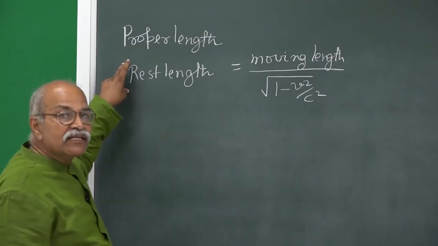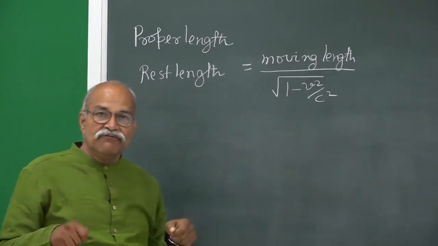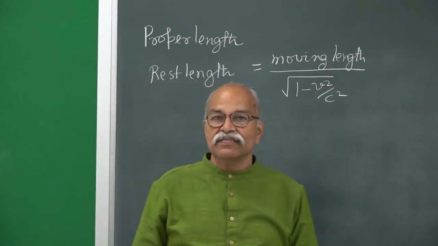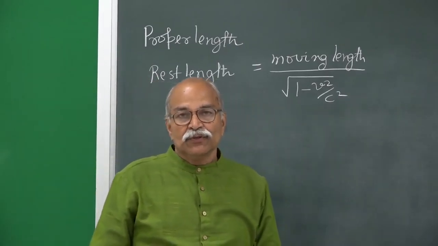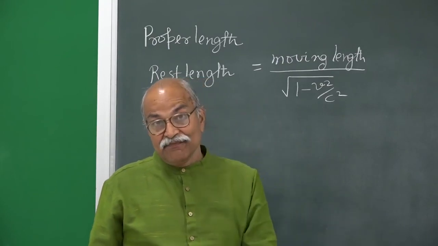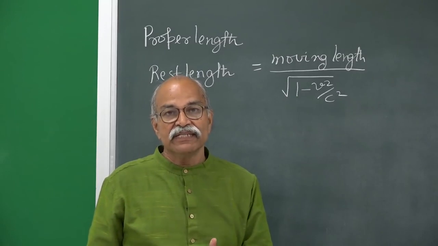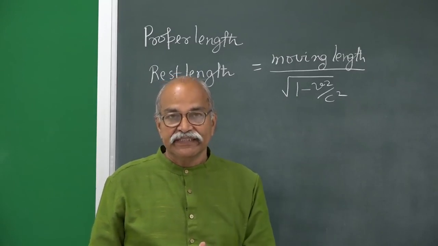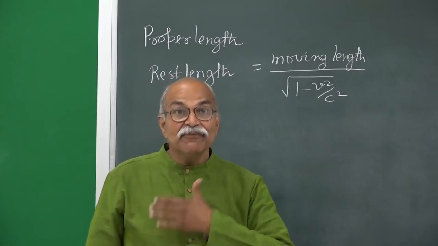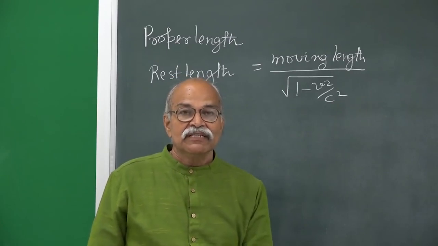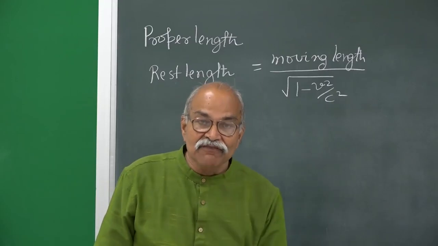And then time dilation. If you have two events and there is a time interval between these two events, and there is a frame in which these two events have taken place at the same position, then from that frame if you measure the time interval, it is called the proper time interval.